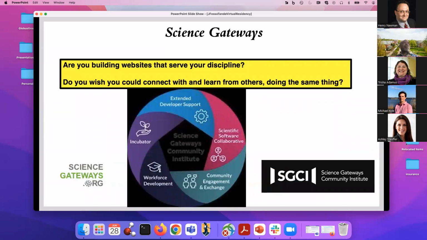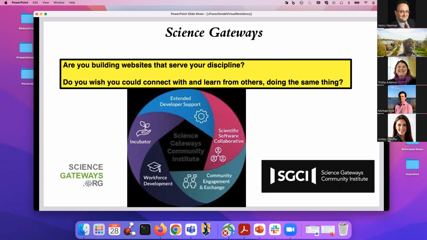If you are building a website that serves your discipline or your institution or your region, or if you wish to connect with and learn from others doing the same thing, the Science Gateways Community Institute is there to help you. It's at the University of San Diego.